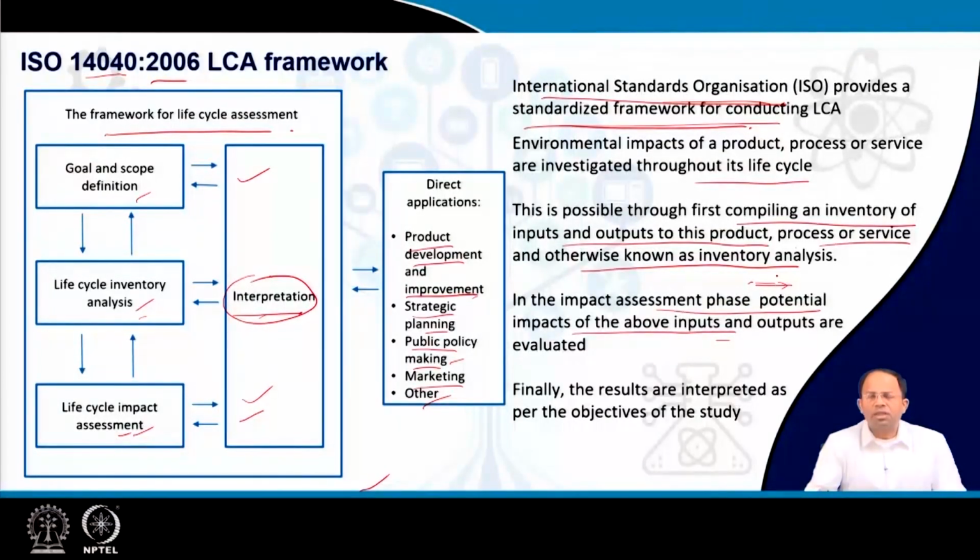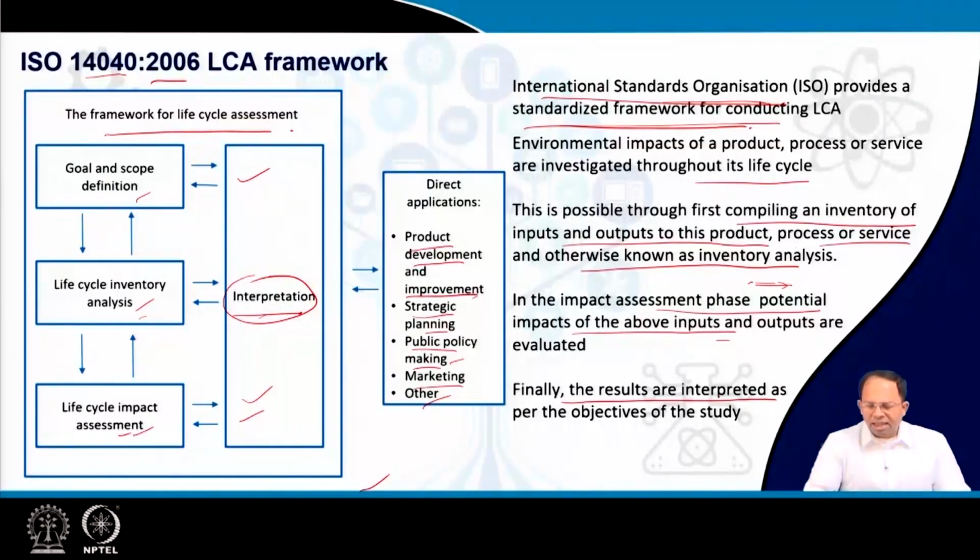Now sometimes two inputs together go into a process and then there is an emission, so I have to assign a certain amount of the emission to each of these inputs. So these are the challenges that are there, but overall we have to understand that certain inputs go into the process, certain outputs come out, and some of these outputs are harmful to the environment.